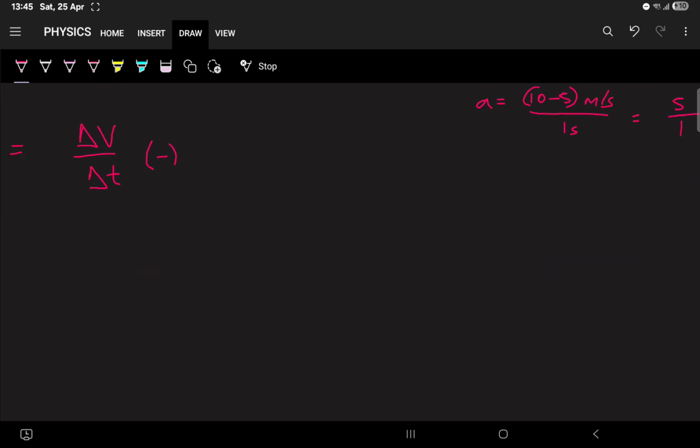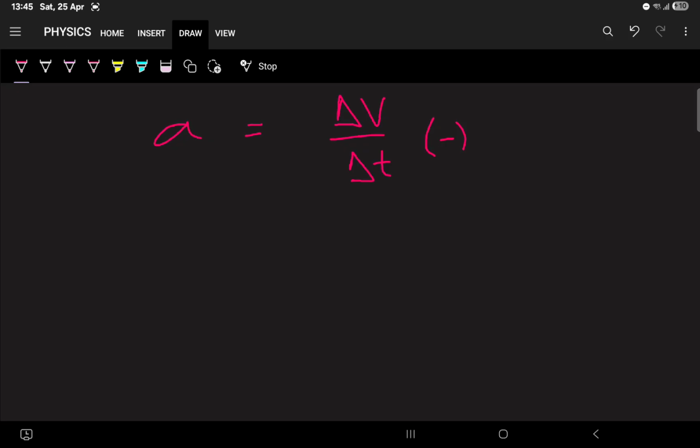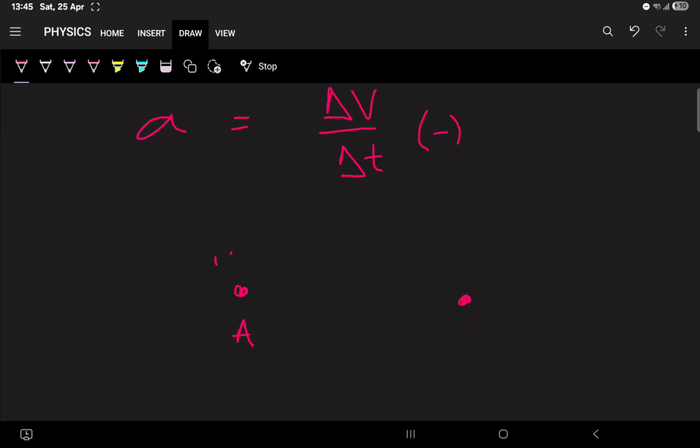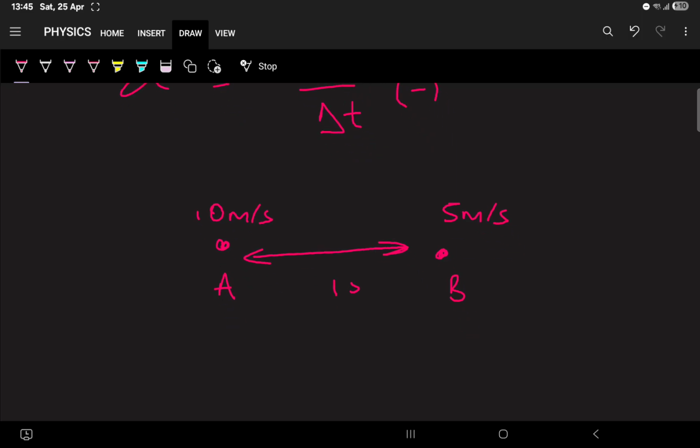Now let's look at the deceleration. Now let's say the boy at point A has a velocity of 10 meters per second, and point B has a velocity of 5 meters per second, and the time interval between this journey is 1 second. And the boy starts at point A and moves to point B, just like in the first instance.